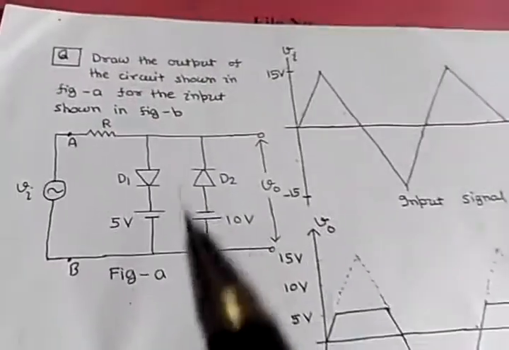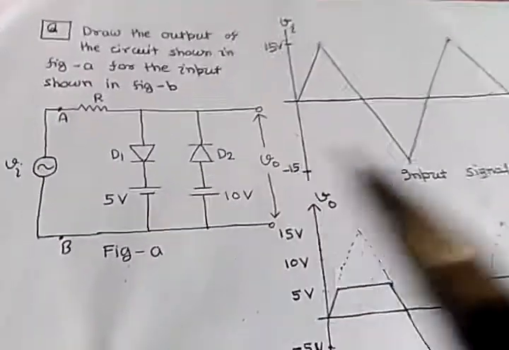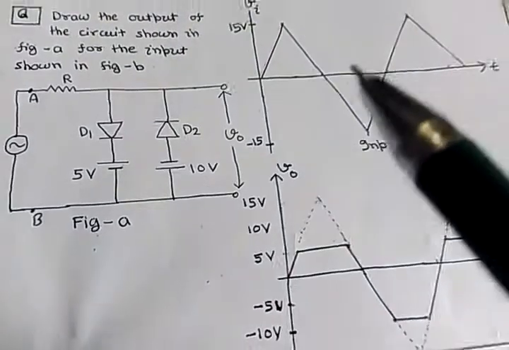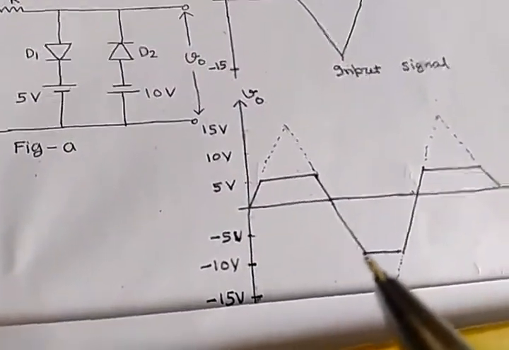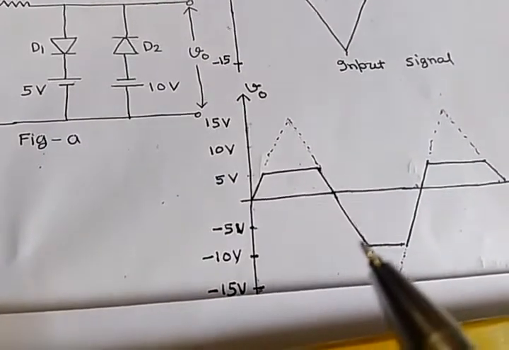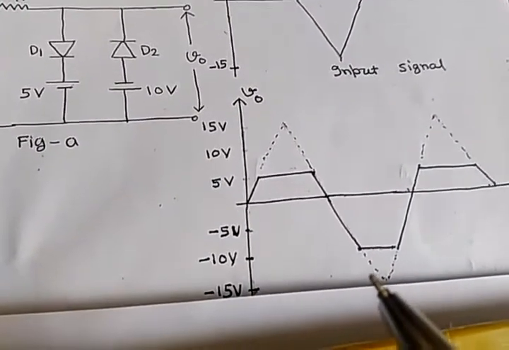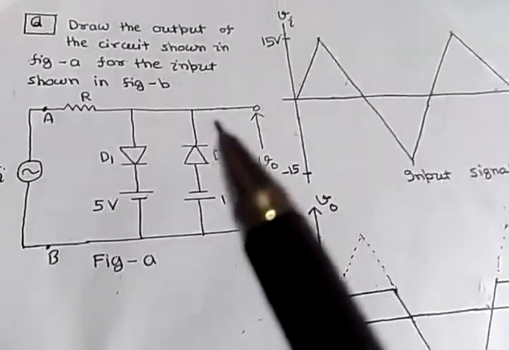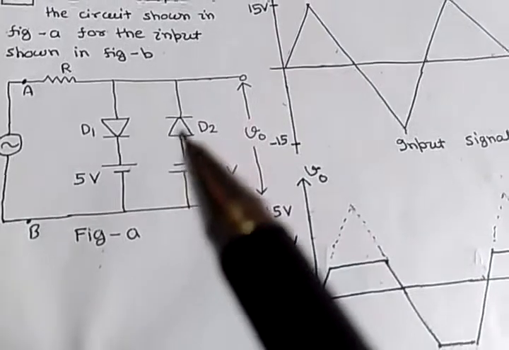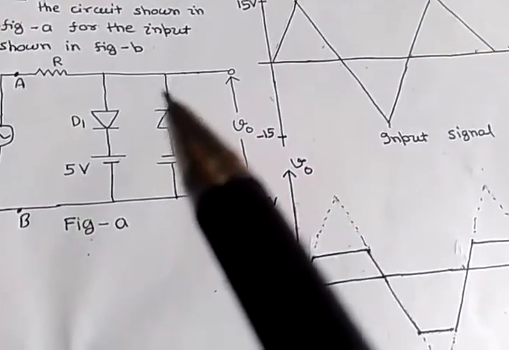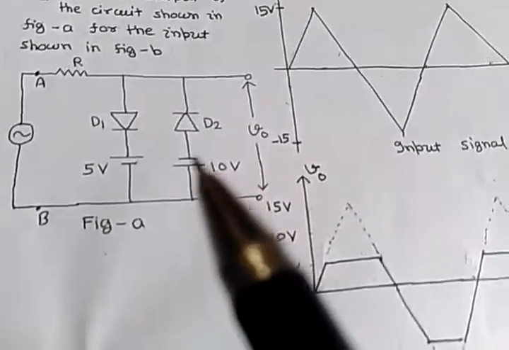Now when the input signal, this is the negative half cycle of the input signal, is more negative than minus 10 volt, meaning when the input signal exceeds minus 10 volt in the negative direction, then see here, the P region is at minus 10 volt and the N region is more negative than minus 10 volt.